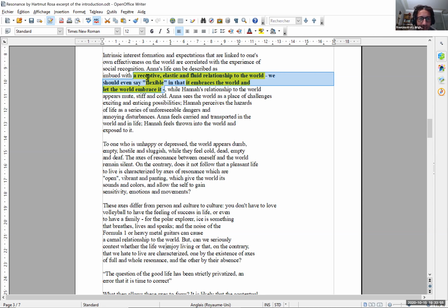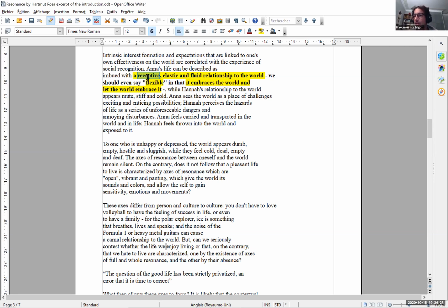So, for instance, receptivity, elasticity or fluidity, flexibility, and embracing as well. The quality or the capacity actually to embrace the world and be embraced by it.